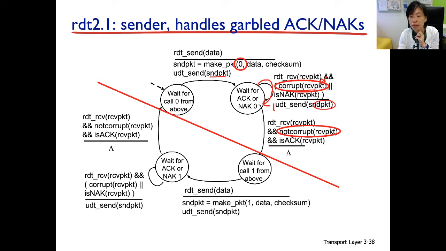There's another condition. If the packet is not corrupted, but it is a negative acknowledgement, then just like in RDT 2.0, we retransmit. All right, so this transition here gets doubled. It's checking two conditions. If it's not corrupted and a negative acknowledgement, retransmit. If it's corrupted, also retransmit.